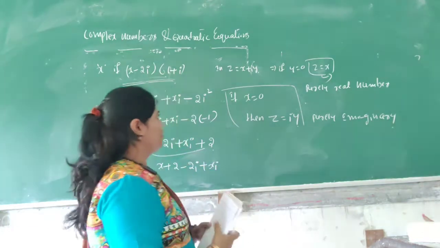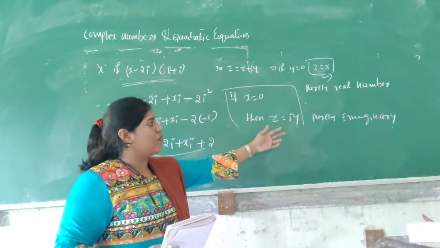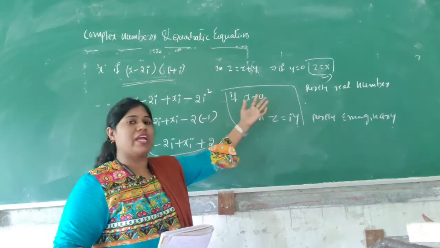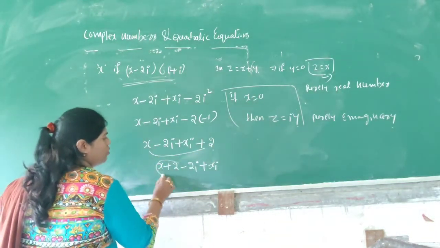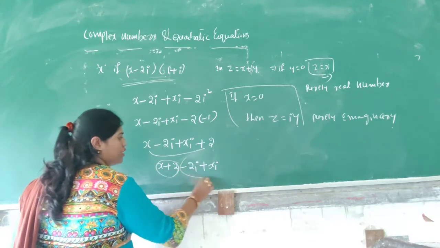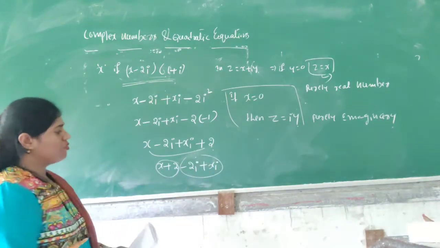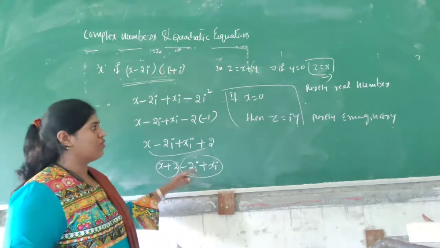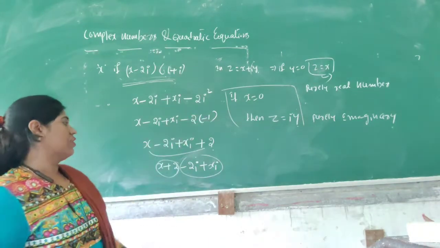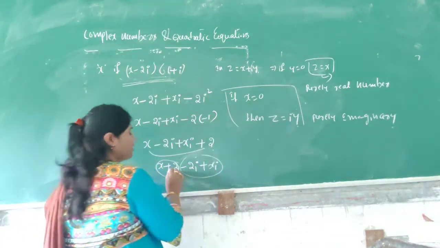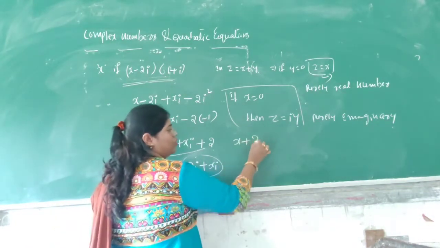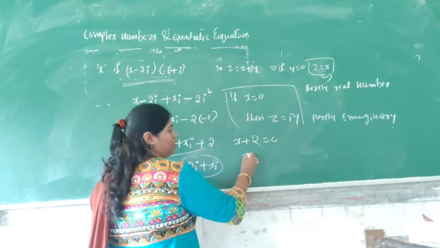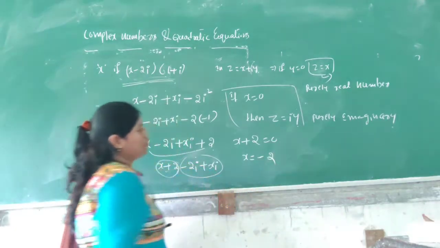If it is purely imaginary, we have to substitute the real part equal to 0. We shouldn't take the imaginary part because this one is purely imaginary. The real part should be 0. x plus 2 is equal to 0, x is equal to minus 2.